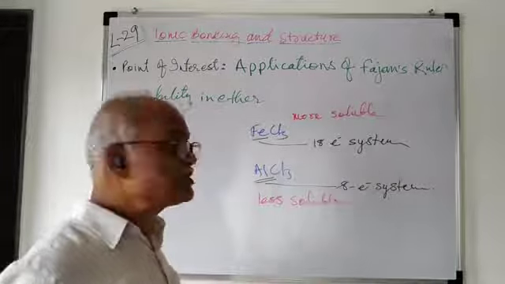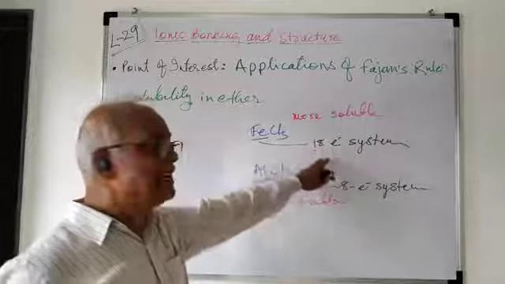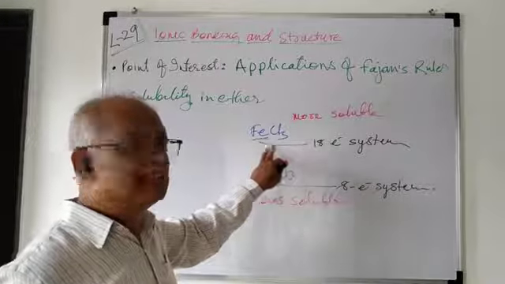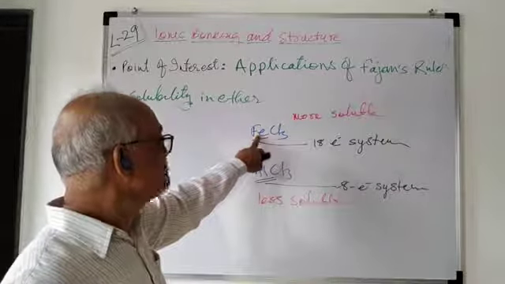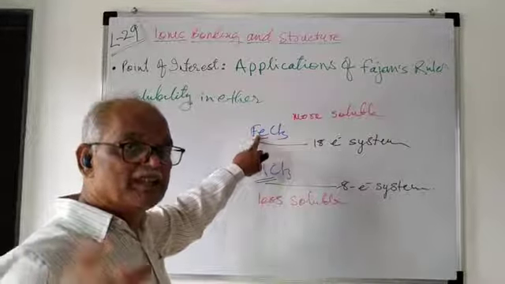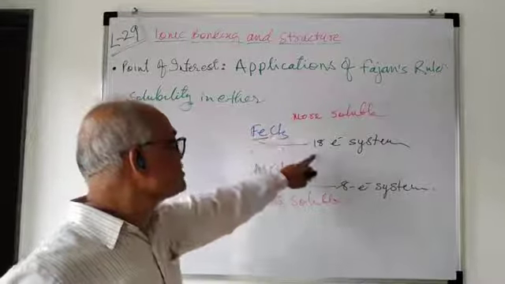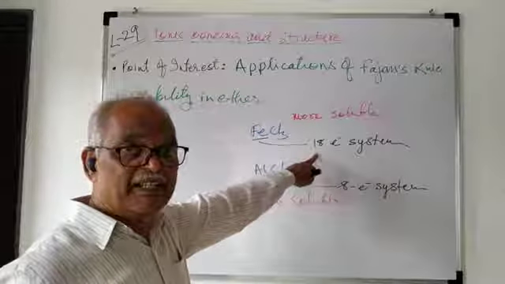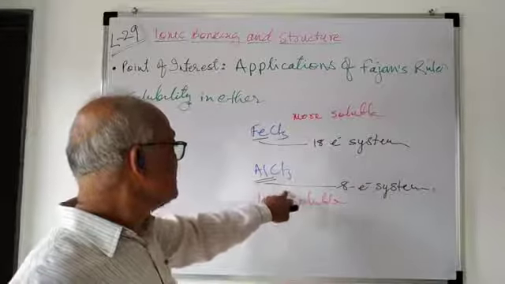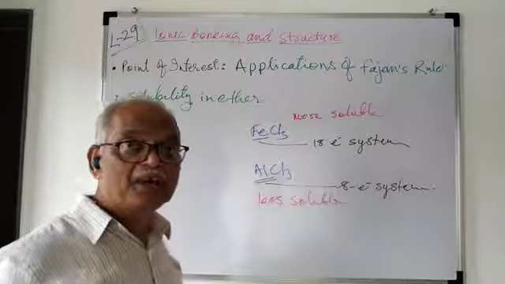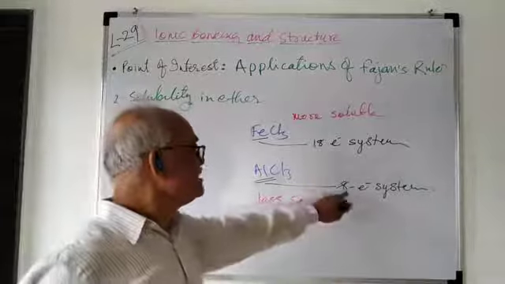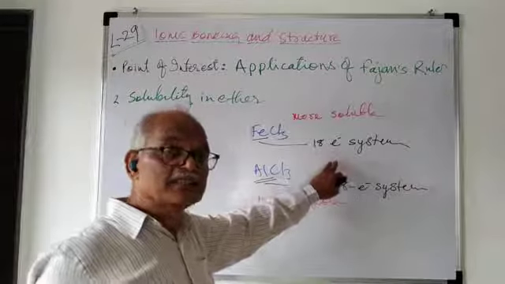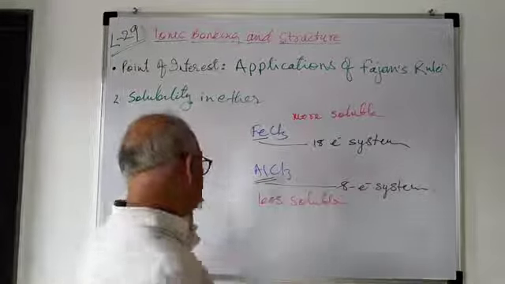Why is it so? This is because of the 8 electron system of the metal. The valence shell contains 18 electrons, meaning there is the presence of d orbitals in Fe, and Al does not have d orbitals. So the 8 electron system and 18 electron system is shown here.